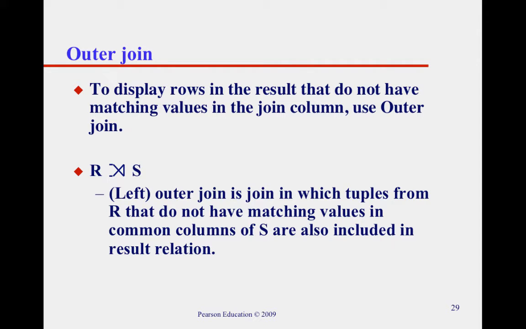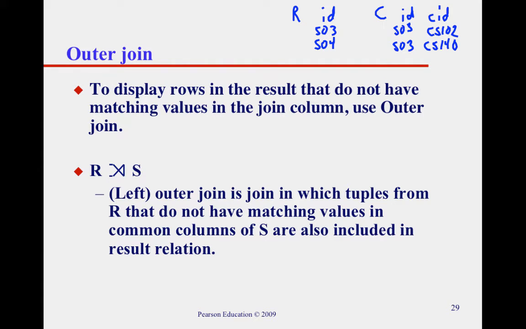So, for example, if R has, let's say, the student ID S03, S04, and let's say C is courses, and let's say it's ID and course ID. Maybe student 03 is taking CS 102, and student 03 is taking CS 140.